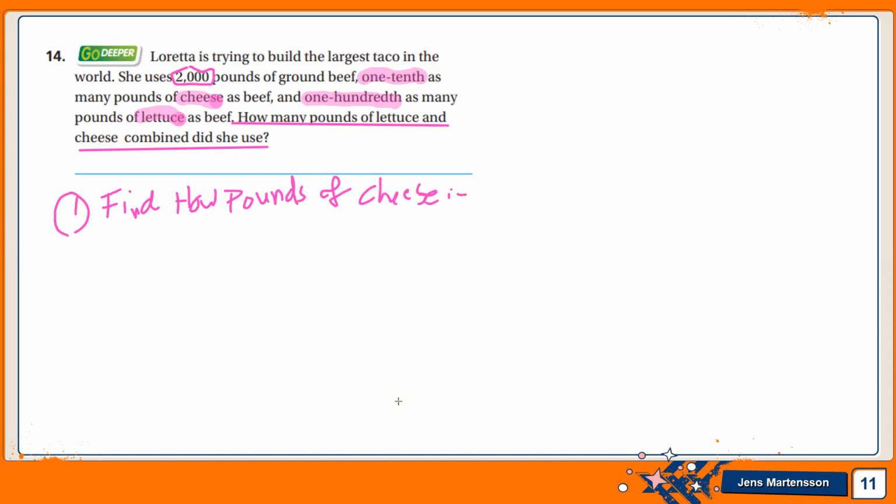Okay, how many pounds of cheese? She used 2,000 and 1/10 of them as cheese. So what does it mean? You have to do what here? See, they are 2,000 pounds, 1/10 of them as cheese. So what does it mean? That means you have to multiply by 1/10. How do you write 1/10?